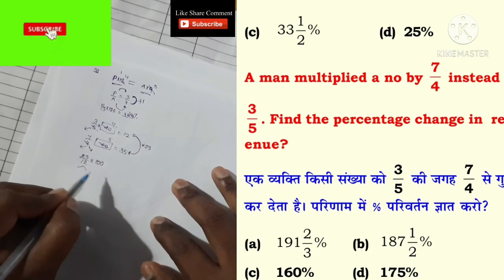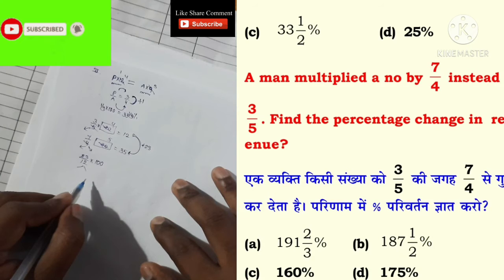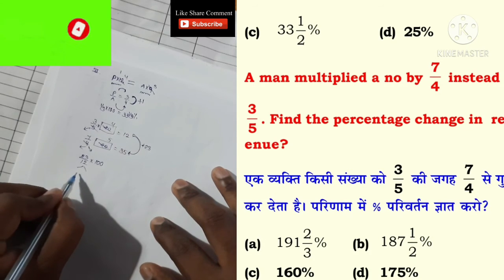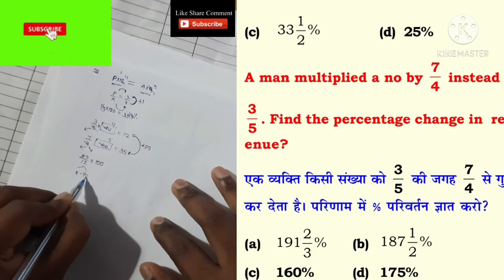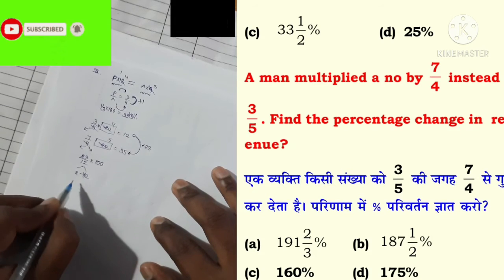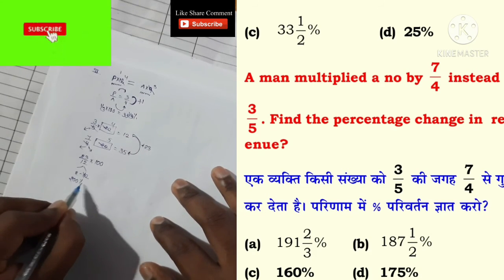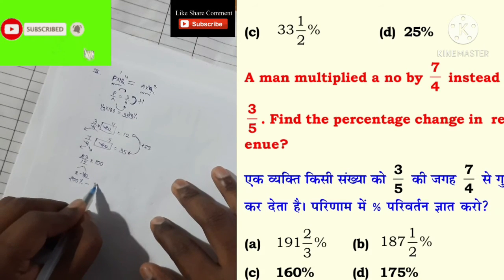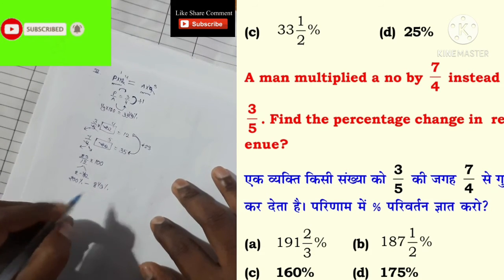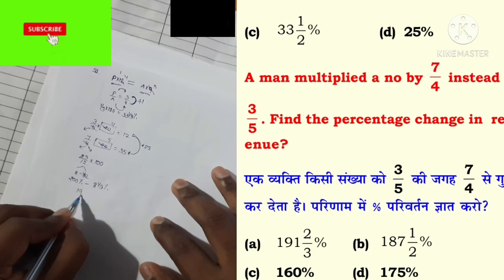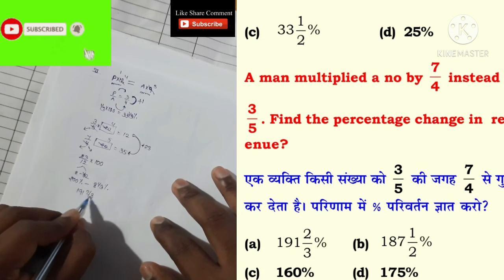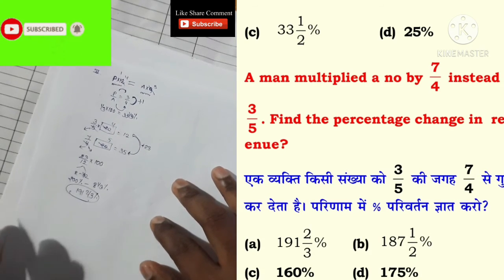So convert 23 by 12 into a percentage. So 2 minus 1 by 12. So 2 is equal to 200 percentage, minus 1 by 12 is equal to 8 1 by 3 percentage. So subtract, 191 2 by 3 percentage.